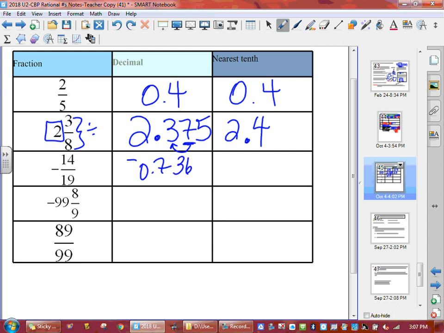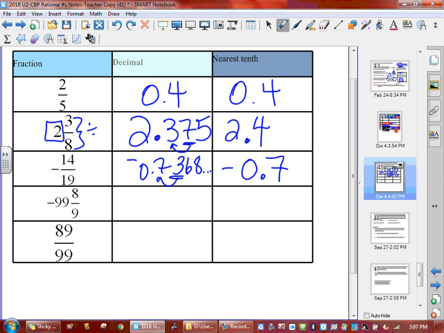So what does that 3 tell that 7 to do? It says stay the same, 7. So we get negative 0.7. Okay? If we want the 10th place, that means all you see is one digit after the decimal. That's it. That means no other numbers at the end of him.